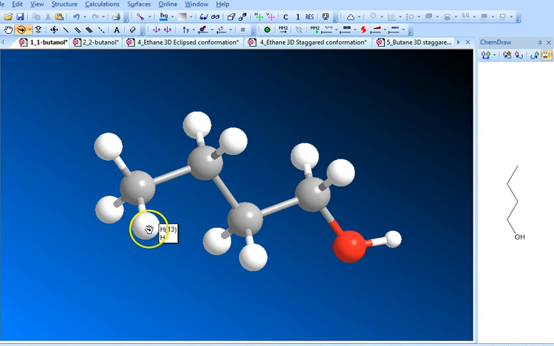If you take this carbon, hydrogen, carbon, the bond angle is again around 109 degrees. There is a slight difference depending on which atom is connected, a pull and push effect, but on average the bond angle is 109 degrees. Is that clear?